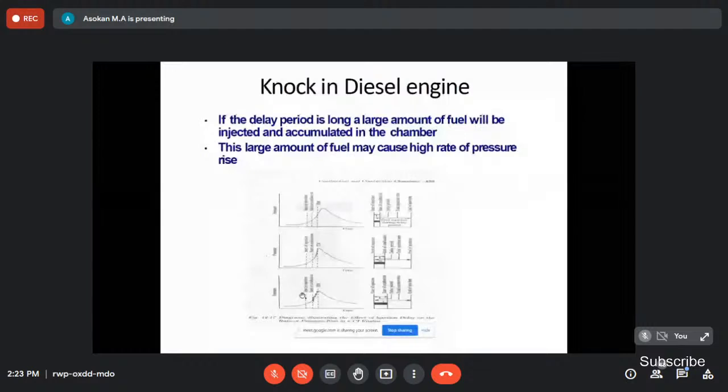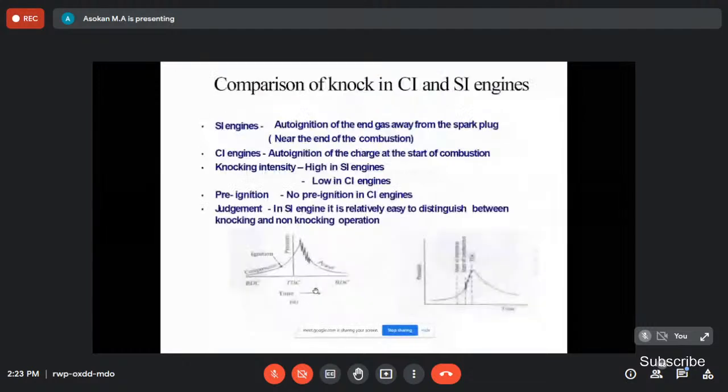So we can compare knocking in the SI engine and the CI engine. In the SI engine, the knocking occurs after TDC, because the flame travels across the combustion chamber. The end of the charge attains auto ignition, and the flame travels in the opposite direction.